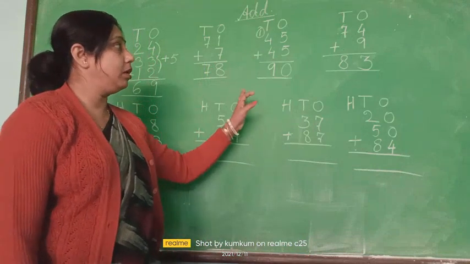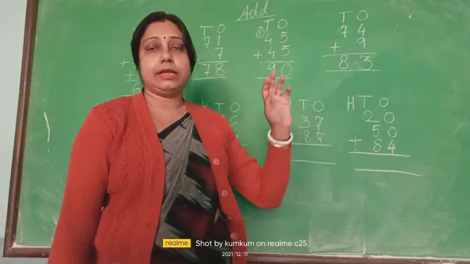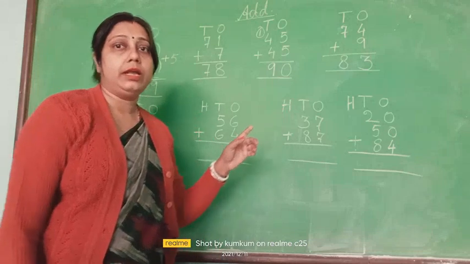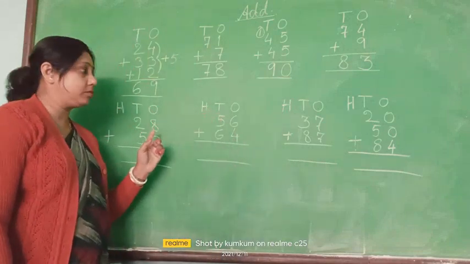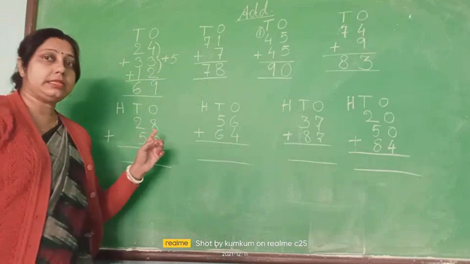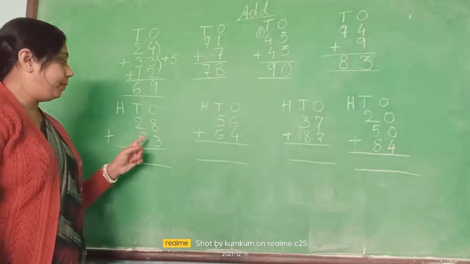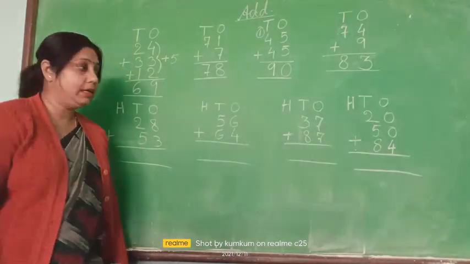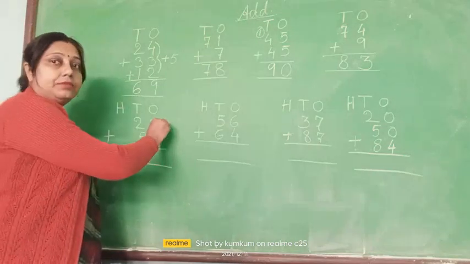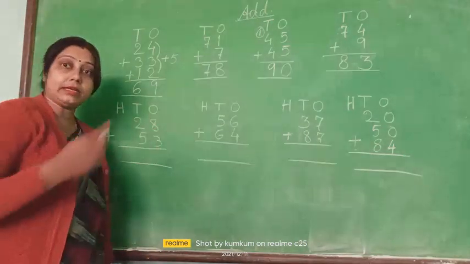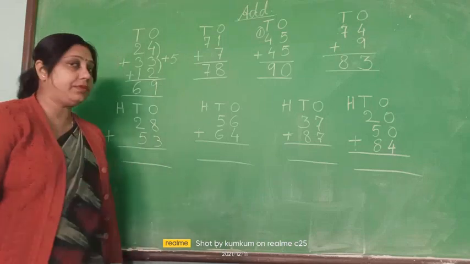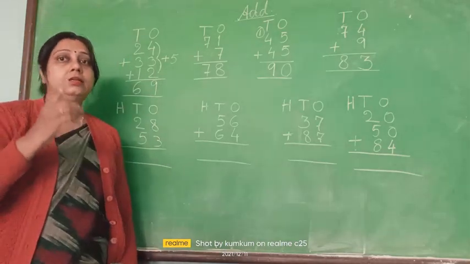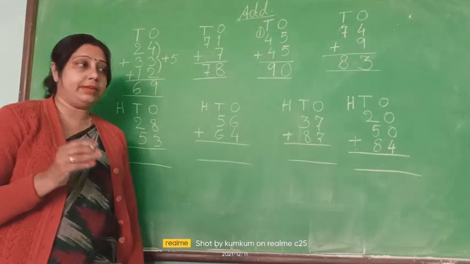Now these all were of 2 digit, that means tens and ones place value. Now we will do the hundreds, tens and ones values questions. Now the first question is 28 plus 53. So after 3 you can count 8, or after 8 you can count 3, which is easier, you can do this one. So after 8 if you are counting 9, 10 and 11.